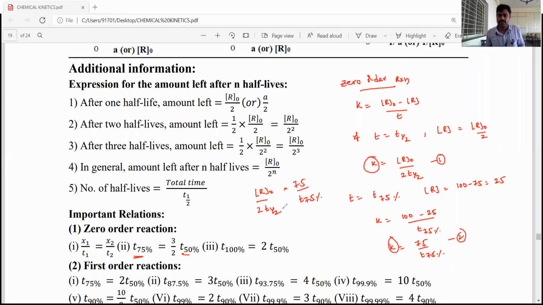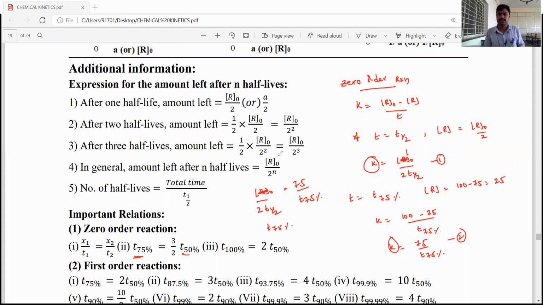In this case, T 75% is equal to, sorry, this is 100. R naught is nothing but the initial concentration, which is 100. So R naught by 2 T half means, if T is equal to T 50%, R is equal to 50, dear students.